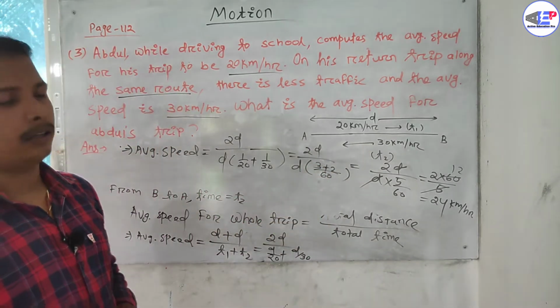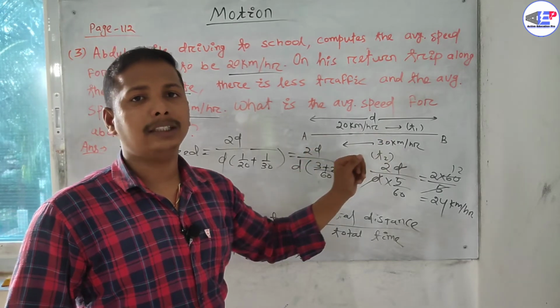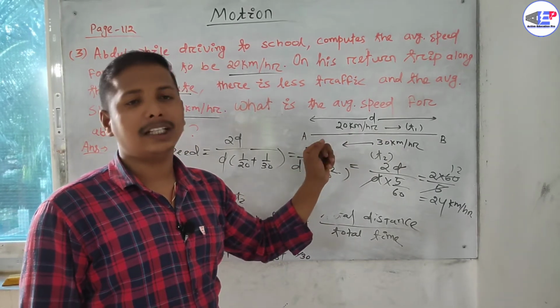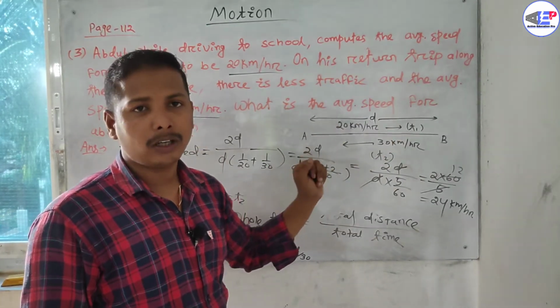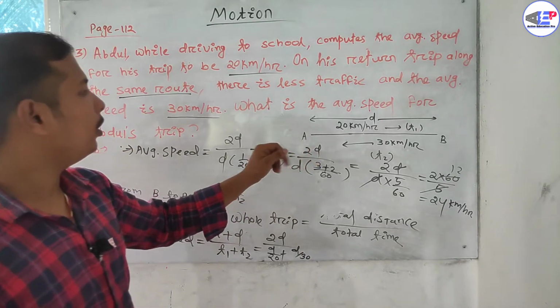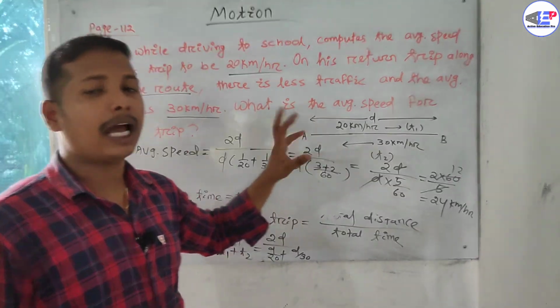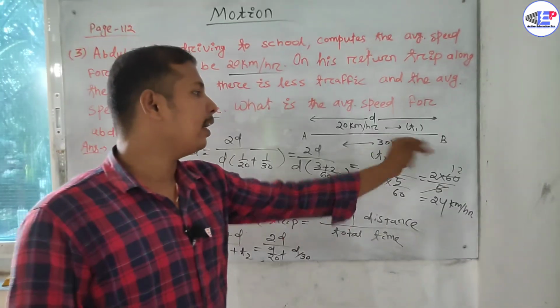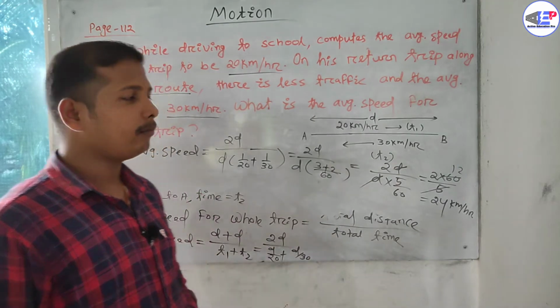So let the distance from point A to B be D meter, and the time taken by Abdul from A to B be T1 hour, and from B to A let Abdul take time T2 hour.